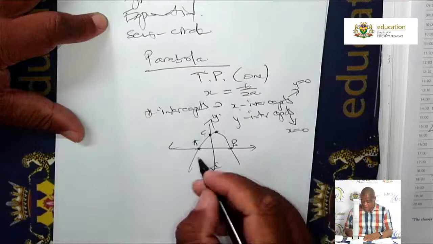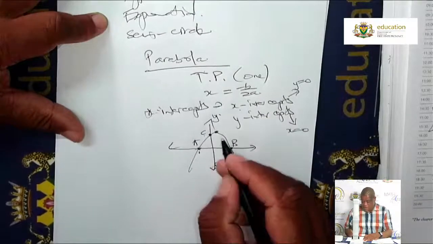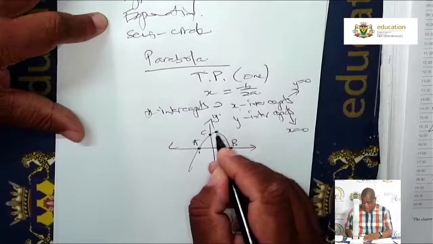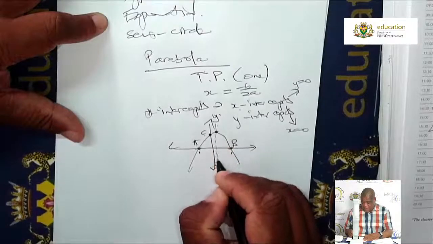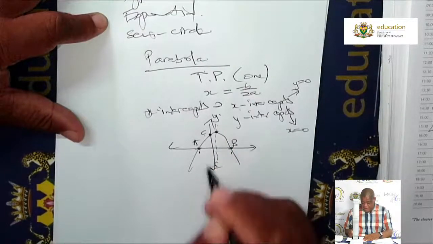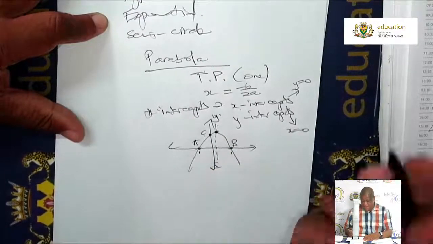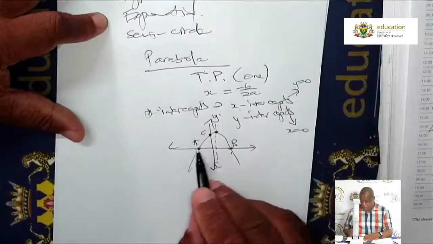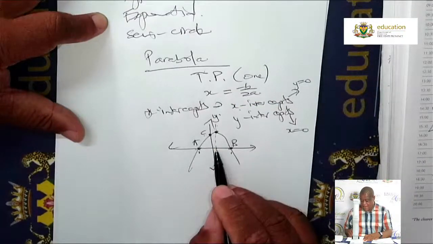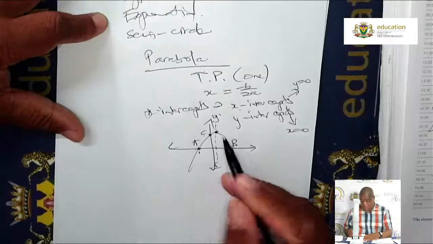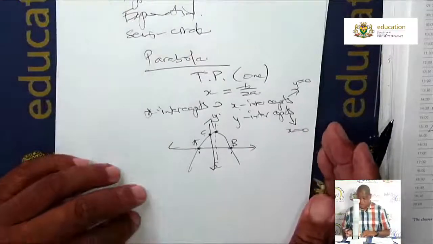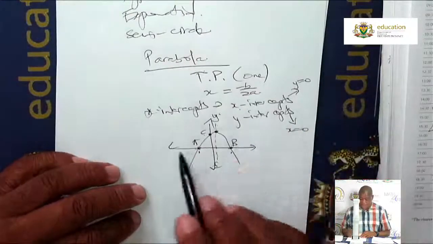But if you don't have it and you have found the coordinates of A and B, this x value will serve as the axis of symmetry. It's right in the middle of A and B, so you can find the midpoint of A and B to get your x value. Then we'll be able to find its corresponding y value.